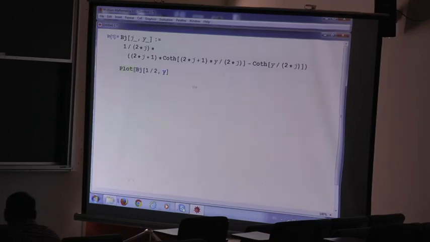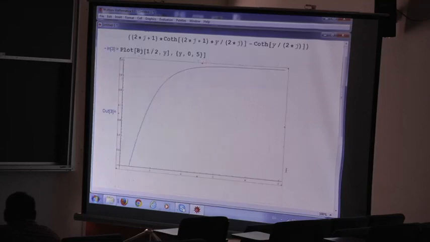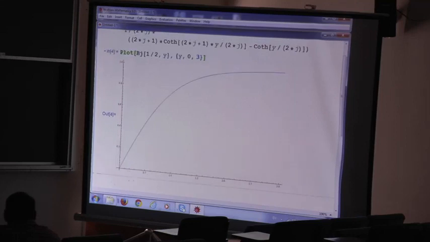I plot this function as a function of y from, say, 0 to 8. Let's plot it from 0 to 5. Okay. So this is my Brillouin function. If I plot this from 0 to 3, this is what it is. This is the Brillouin function.